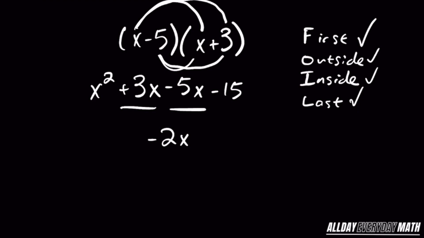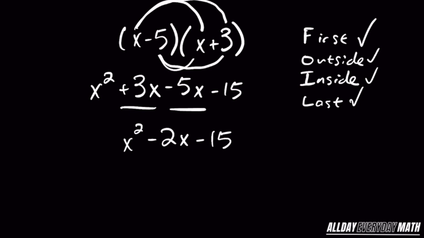Okay? 3 minus 5 is negative 2. And so now I just have to bring down the rest of my answer. And so we're going to get, for our answer, x squared minus 2x minus 15. Okay? So that is how you use the FOIL method.